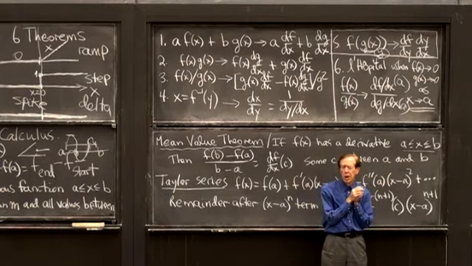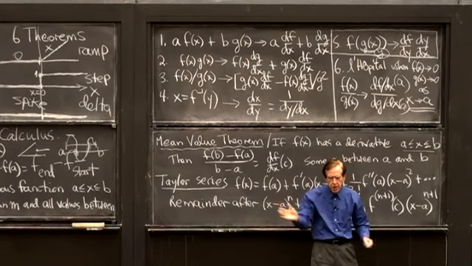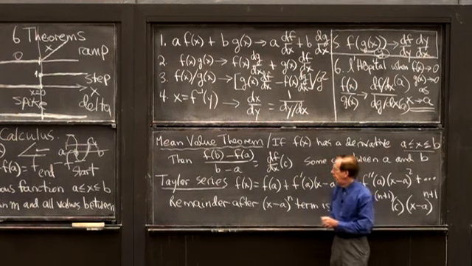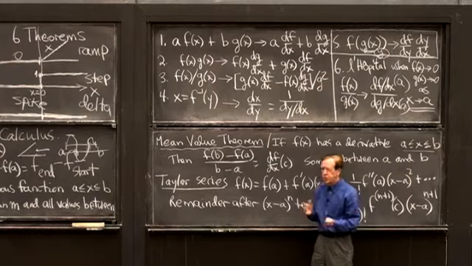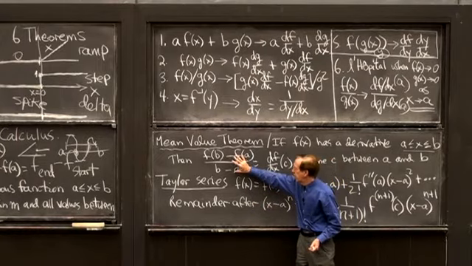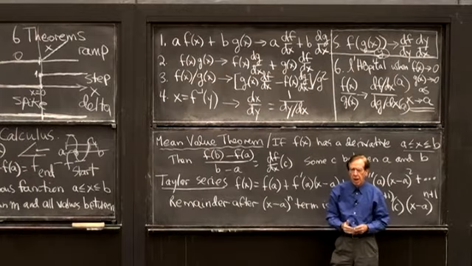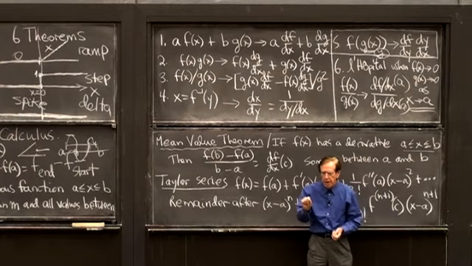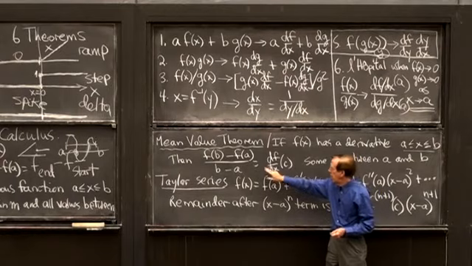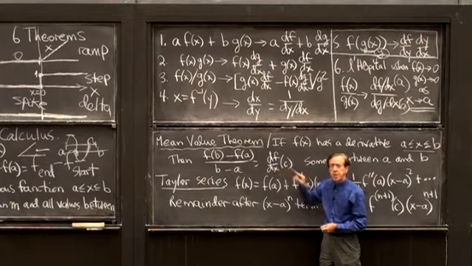Shall I say that again? If you travel with smooth changes of speed, no jumps in speed, then if I look at the average speed over a delta t, there is some point inside that one where the average speed agrees with the instant speed.